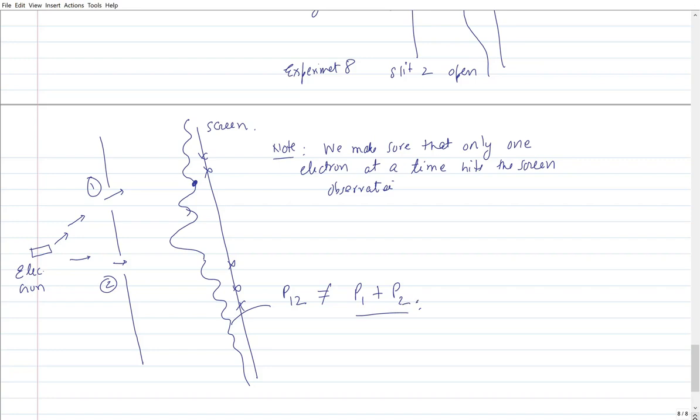Miraculously, and something at the heart of quantum mechanics, the electrons, like bullets, were observed in lumps, or what we call a particle. But yet, when I open both the slits, I see an interference pattern. And not only that, the most essential part of this experiment is that every electron interferes with itself.